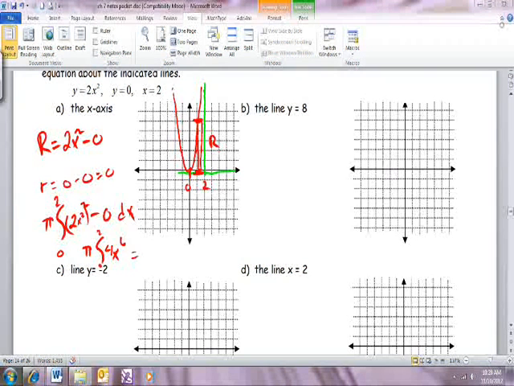Alright, now this is not so bad. What gets a little bit trickier is when you start revolving about different axes. So the line y equals 8. So I'm going to make these actually go by 2. So this would be 2, 4, 6, 8. So I want to revolve it about this line right here, which is not going to change our picture much.